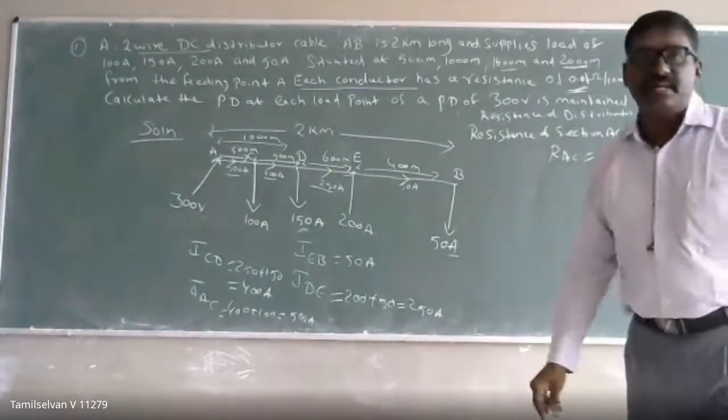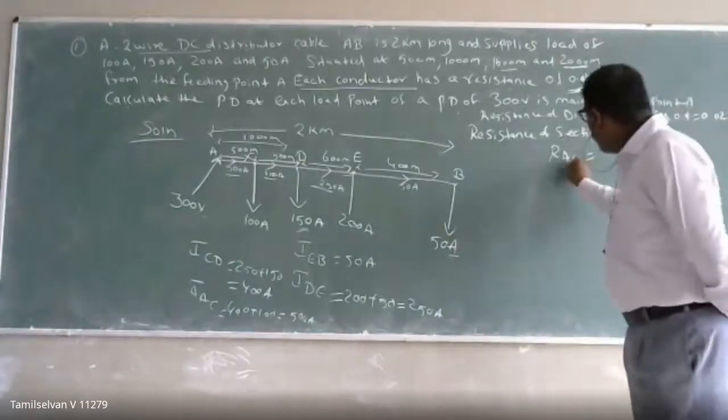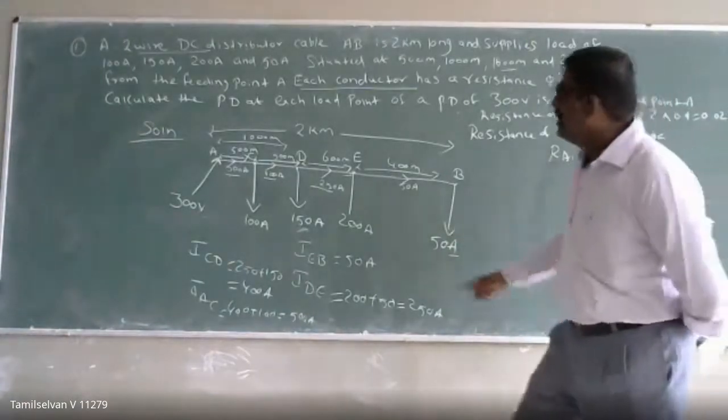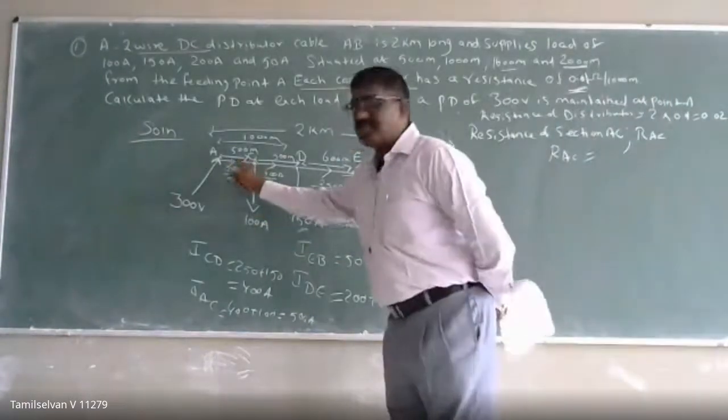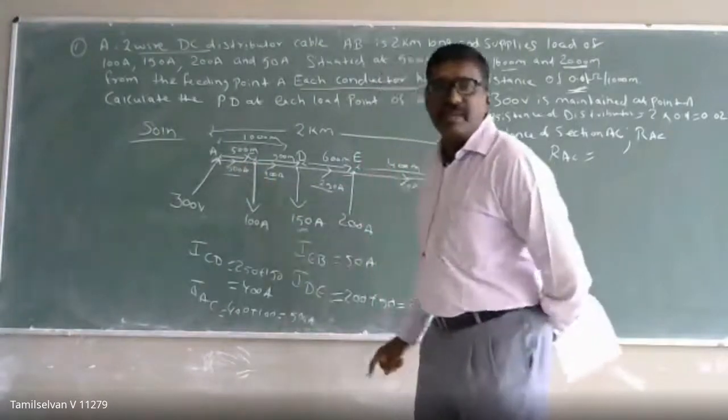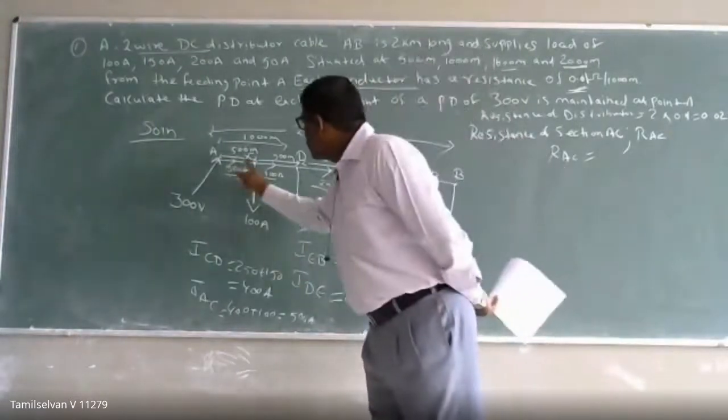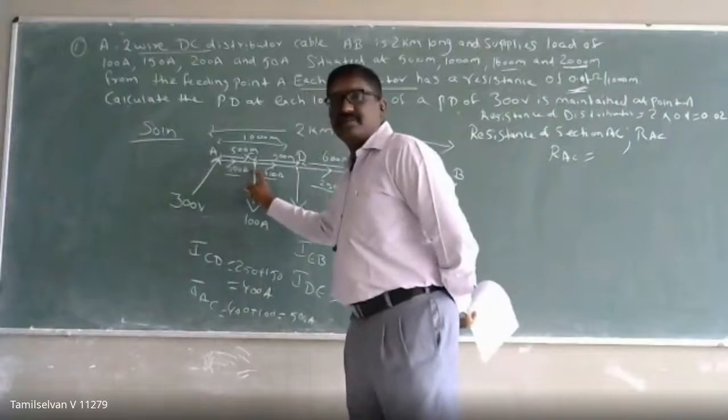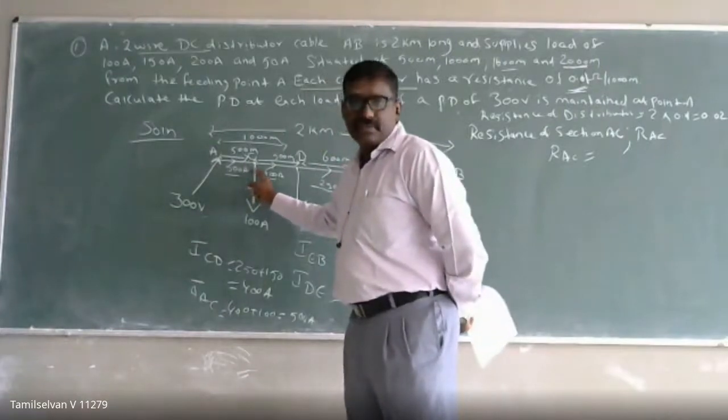Now I have to calculate the resistance of my section AC. What is the distance of my AC section? Only 500 meter.